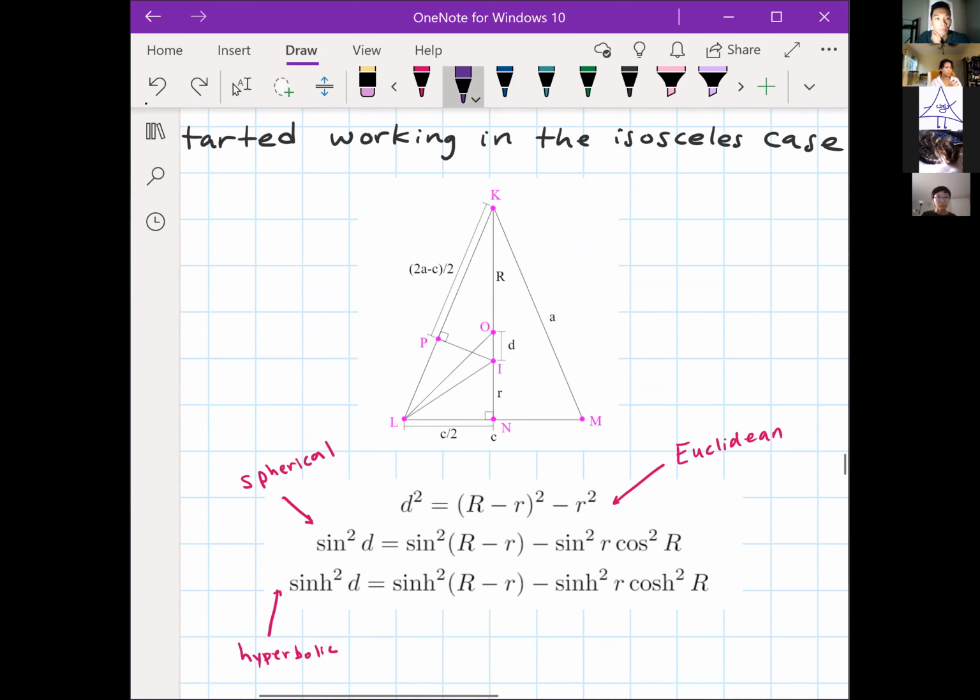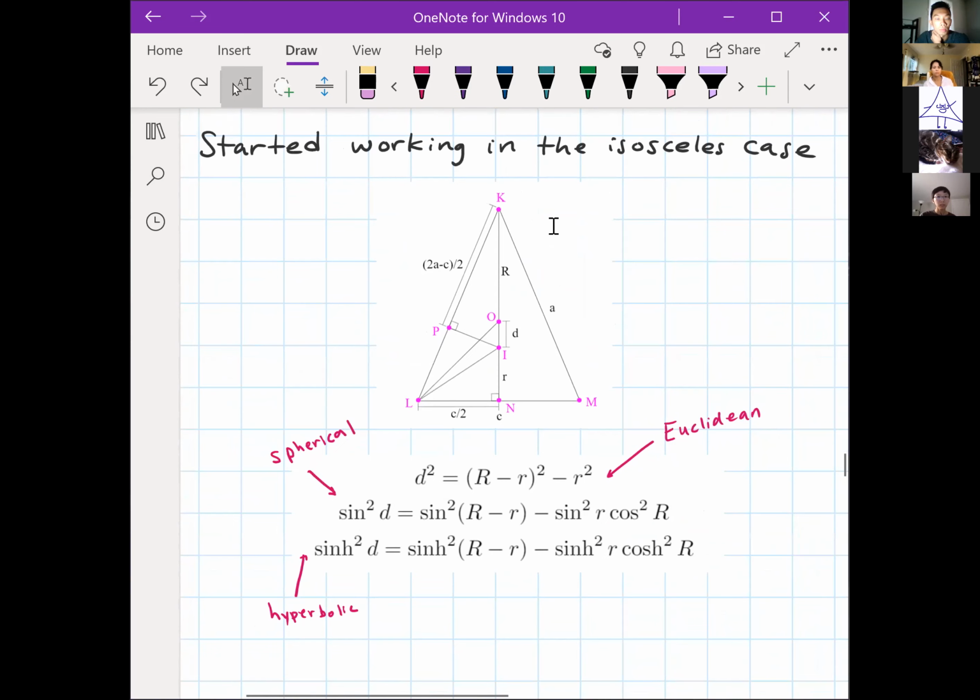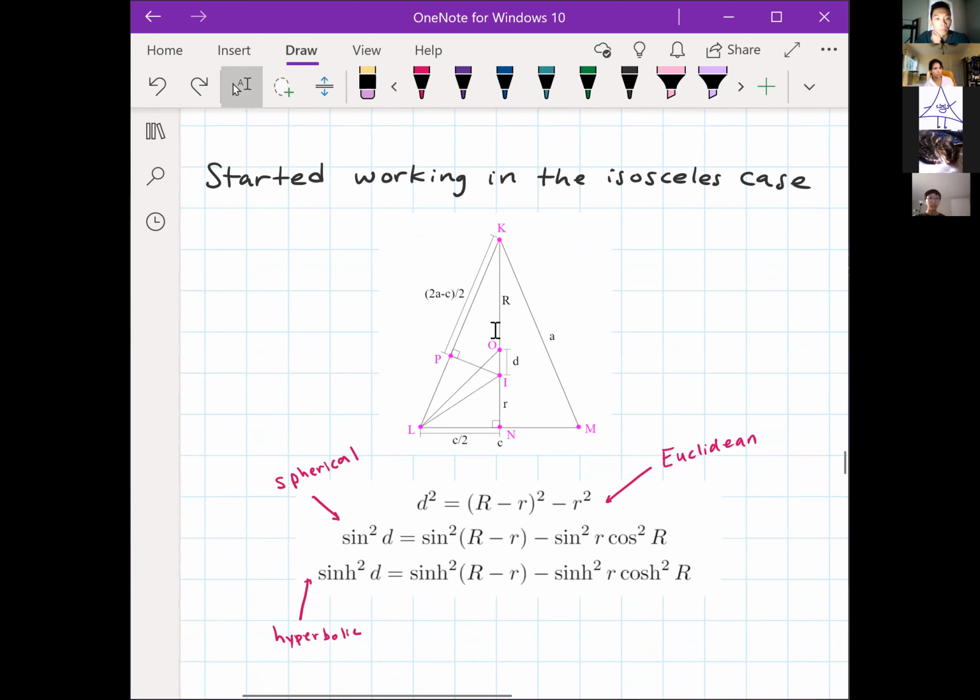But anyway, we were able to prove that this is true in the isosceles case.